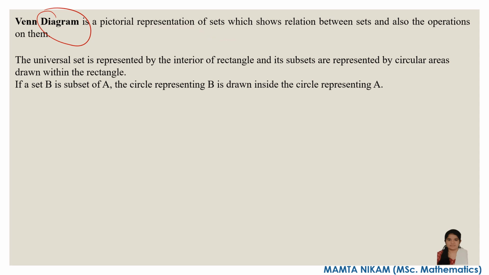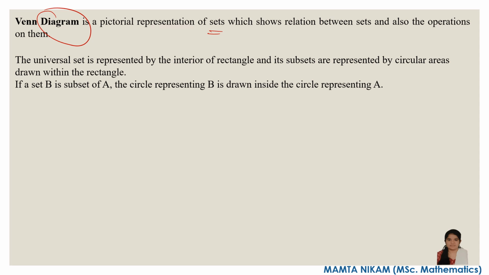It helps us show the relation between sets and also the operations on them, meaning the operations which we have learned in the previous topic: union of sets, intersection of sets, difference between sets, and so on. So to represent the relation between sets, we use a Venn diagram.